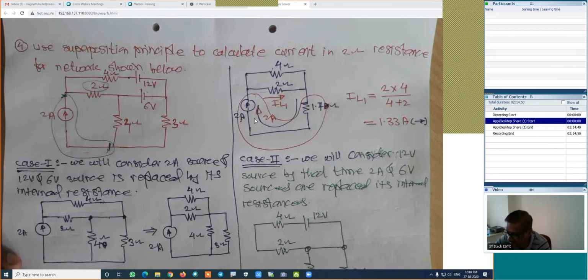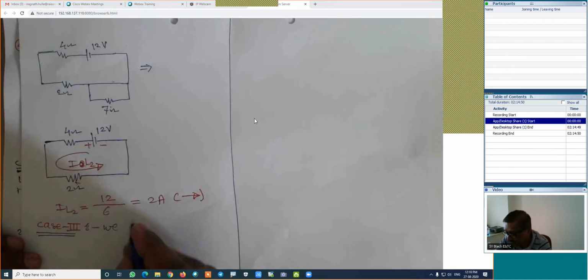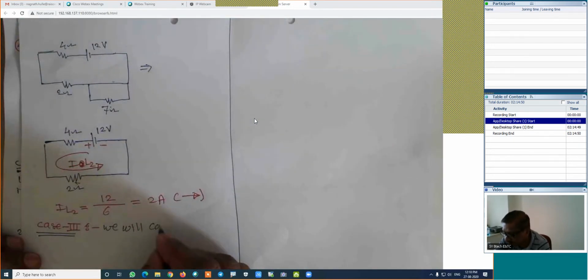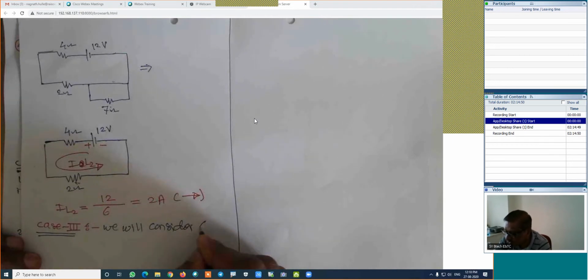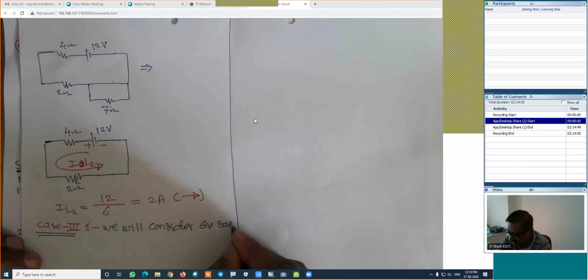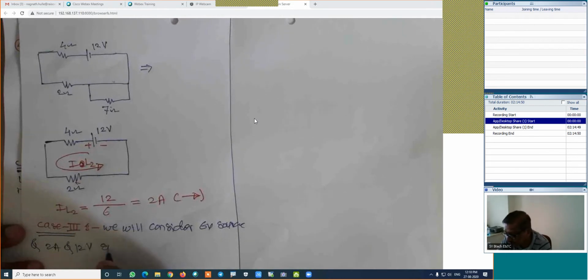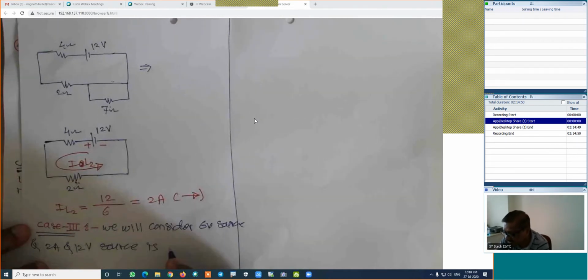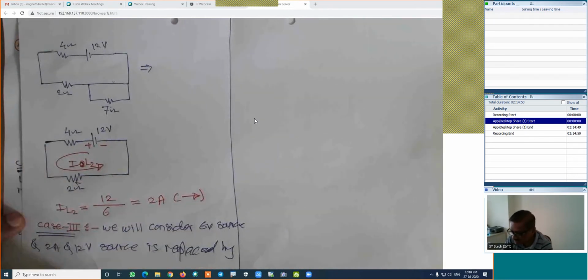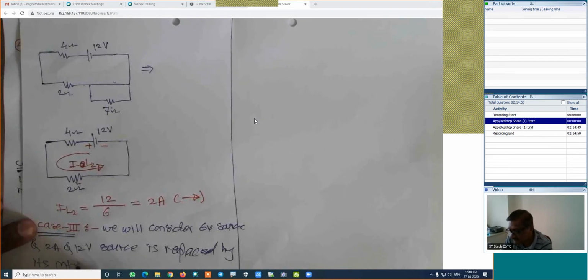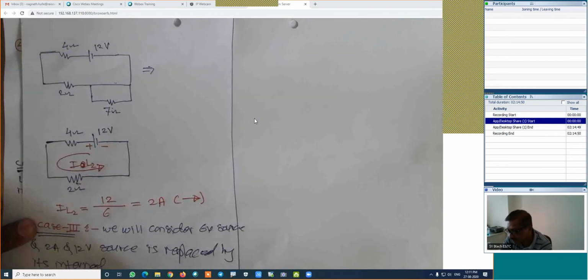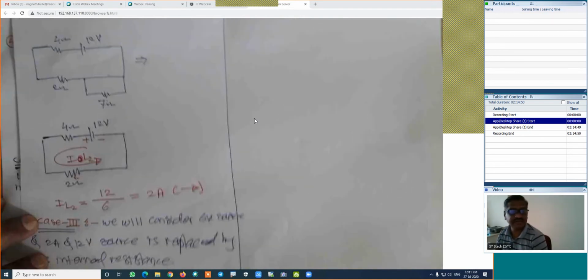Yes, we will consider this old source, and the 2 ampere and 12 volt source is replaced by its internal resistance.